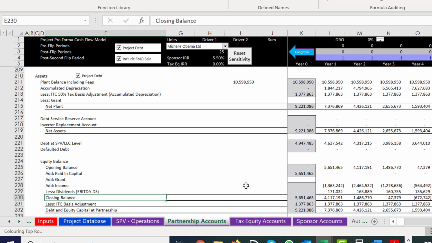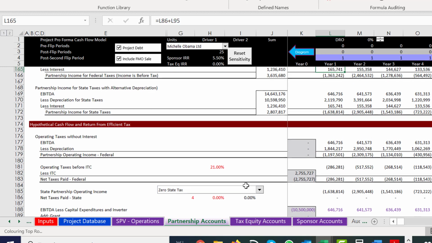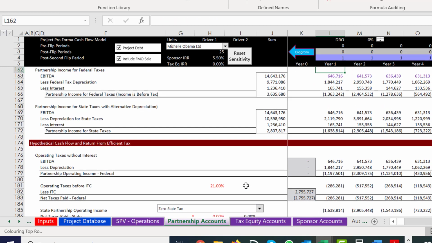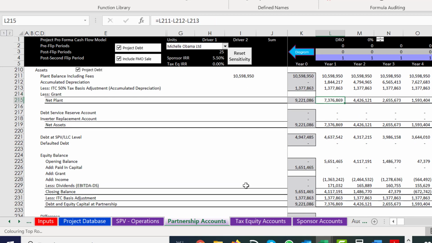And we add the income, which is from our tax statement. So we can go up here, control square bracket, to find our income, which is just the EBITDA minus the interest. And I hope this is introducing you to an equity account.